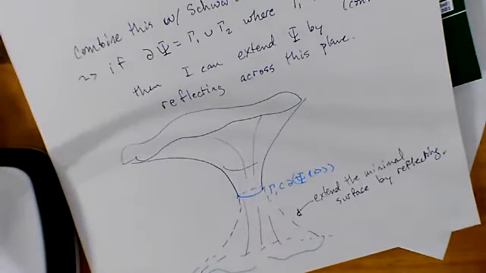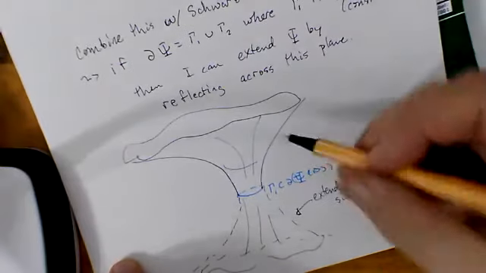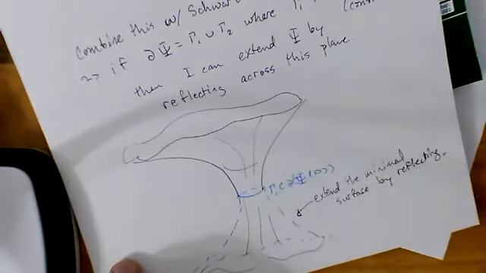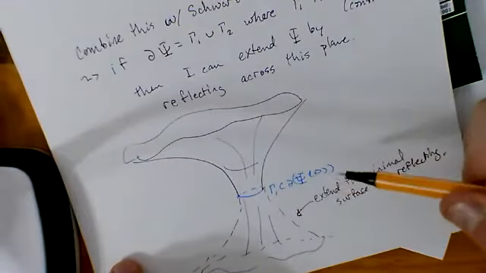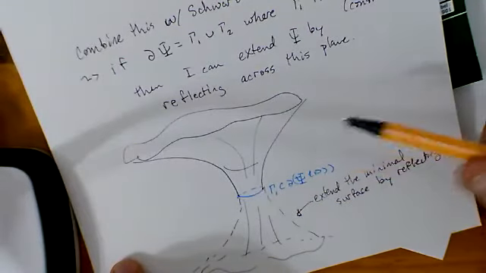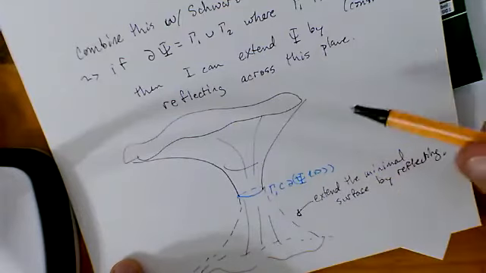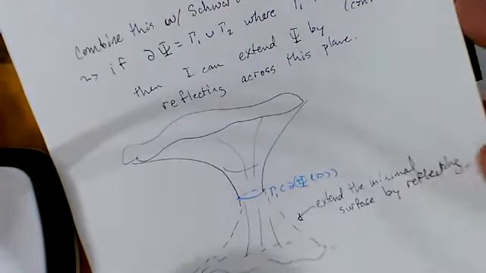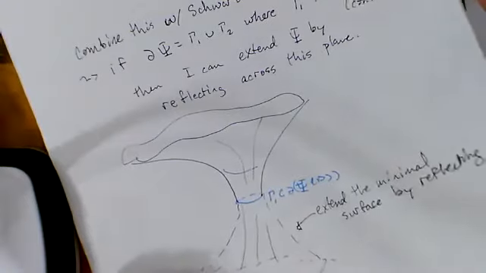Okay. So we've seen that if the boundary of our minimal surface either contains a planar curve or a line segment, I can extend my minimal surface either by reflecting across the plane or rotating by 180 degrees around the line. So in fact, the Schwarz reflection principle is a little bit stronger than that.